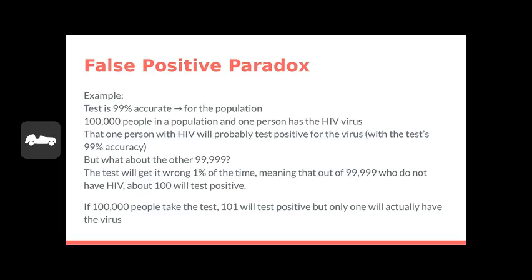But what about the other 99,999 people? The test will get it wrong 1% of the time. So, out of the rest of the people who don't have HIV, about 100 will test positive. Basically, if 100,000 people take this test, 101 will test positive, but only one will actually have the virus.